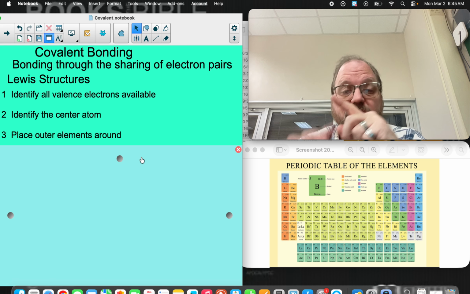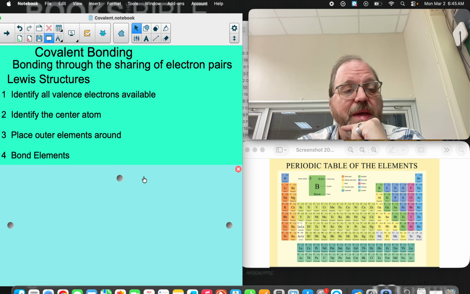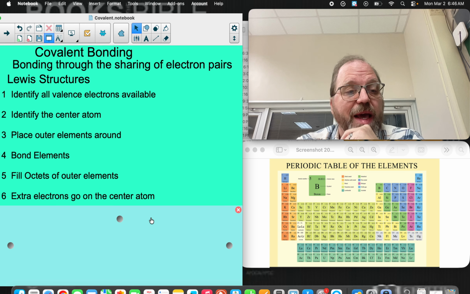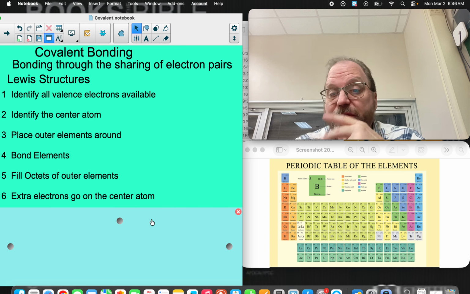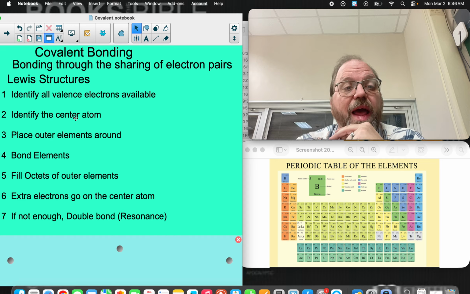Place outer elements around it. Bond the elements. And then fill outer elements. That means if we have 2 at the bond, we're going to need 6 more to make 8. Extra electrons go on the center atom. If we have extras, they go in the center. If there's not enough, then we double bond and we may end up with resonance structure. And that is our set of rules we have there.